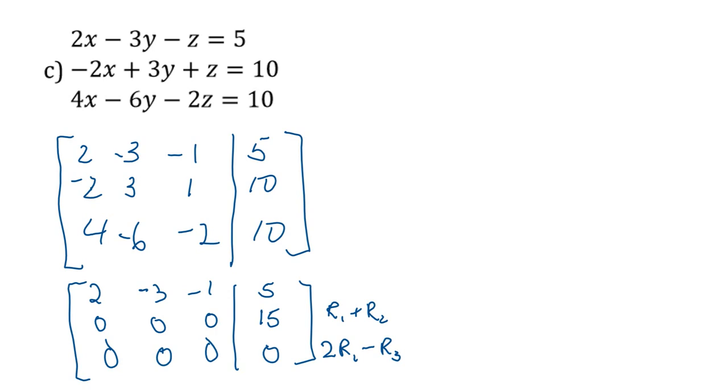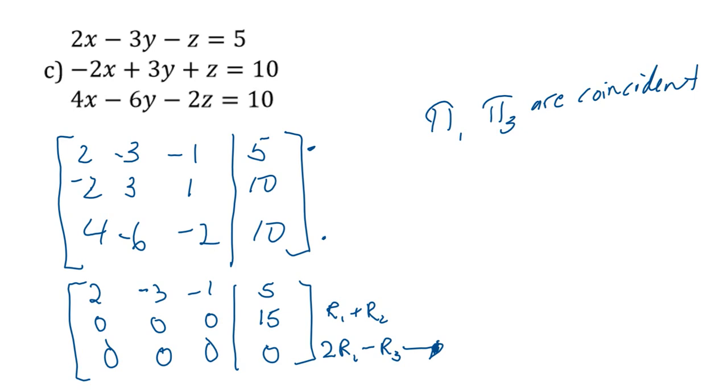So what's the interpretation of this? We've got a 0 equals 15 and a 0 equals 0. That 0 equals 0 is telling us that row 1 and row 3 are just multiples of each other. The entire equation is a multiple of the entire equation. So that means that plane 1 and plane 3 are coincident. They're actually the same plane. Because by multiplying row 1 by a multiple and then subtracting it from row 3, I got a row of zeros.